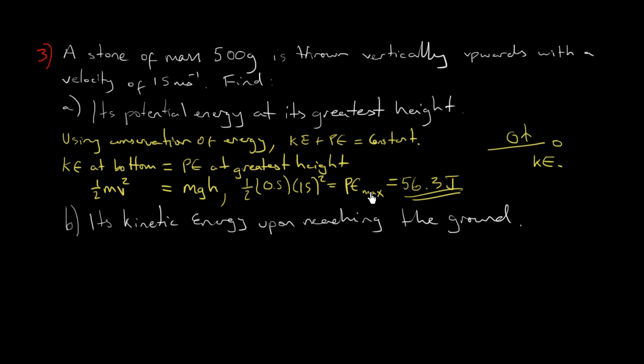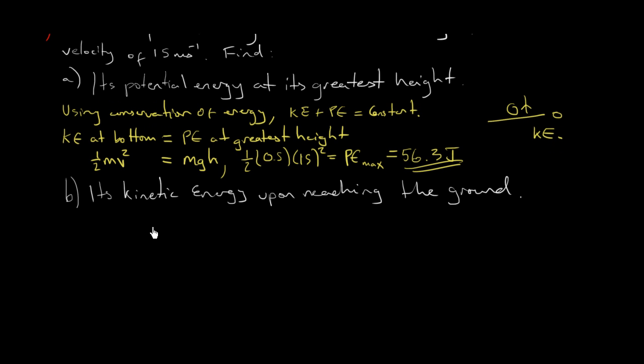Okay, so I hope that's alright. In the second part it asks for the kinetic energy upon reaching the ground. If there's no air resistance, the kinetic energy is going to be exactly the same again. Using conservation of energy also, the kinetic energy plus the potential energy equals a constant.